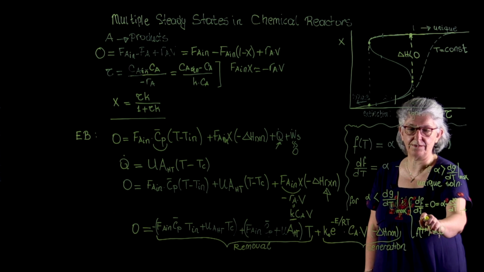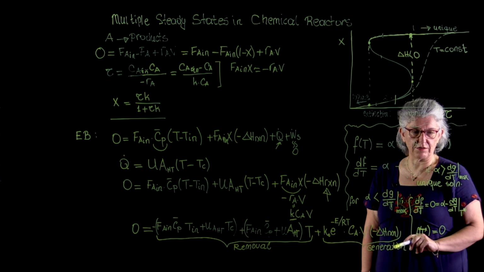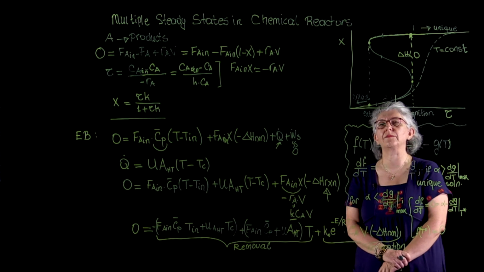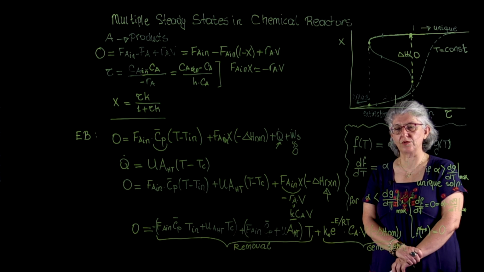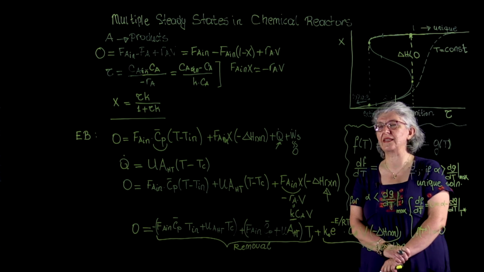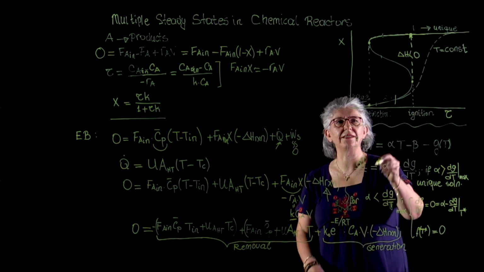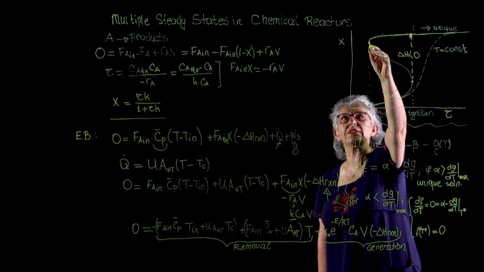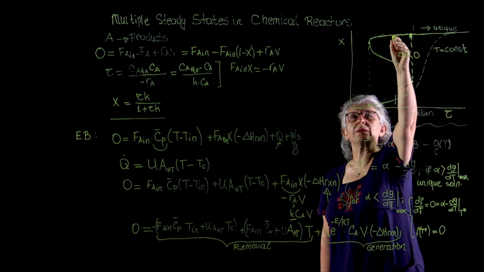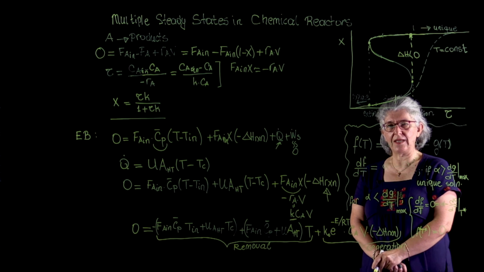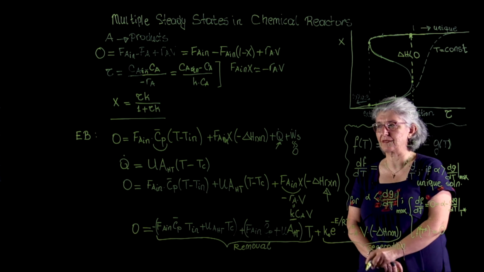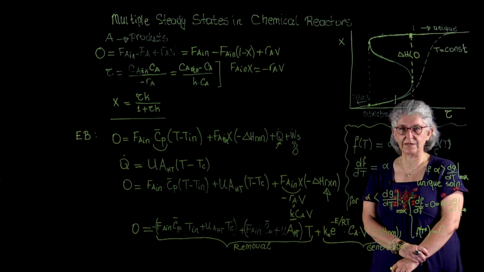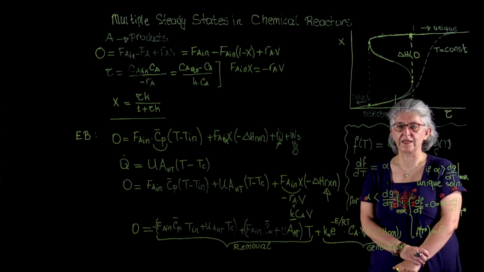That the first derivative should be equal to 0 at a particular temperature, and our function should also be 0 at that particular temperature as well. Under those constraints, we have multiple steady states. Multiple steady states correspond to multiple values of conversion for the same space-time that we may encounter in a chemical reactor. This is the first situation that we are discussing this problem, but there will be other conditions, other situations that we will discuss as the course progresses.